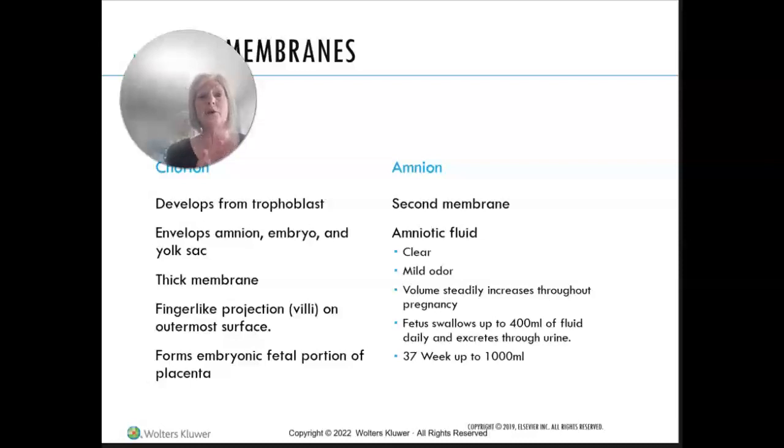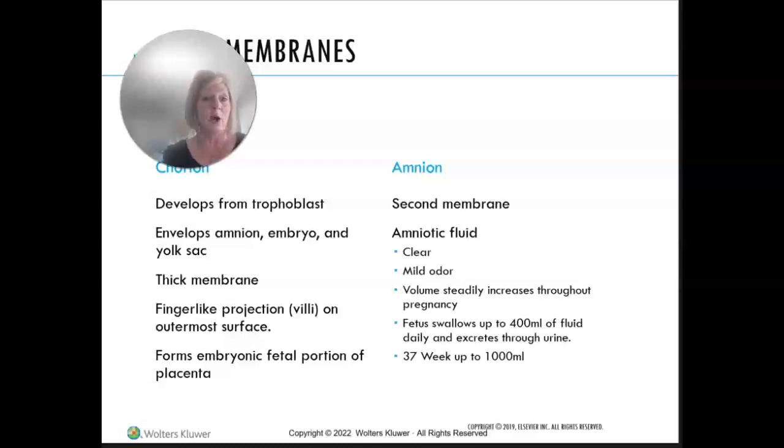Amniotic fluid gets more and more as the baby gets bigger. The baby swallows the fluid and urinates, and it goes back inside as more fluid. So if the baby's not peeing or the urinary system didn't develop, there won't be much amniotic fluid in there. The amniotic fluid should really be clear.